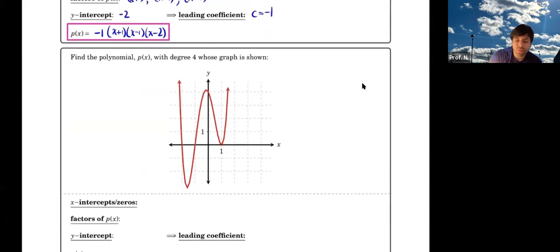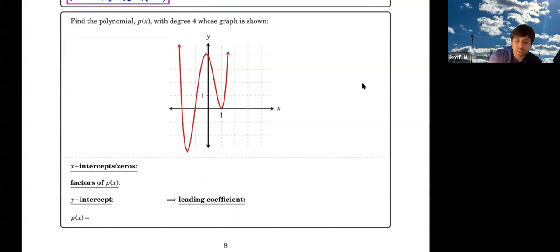Now the next one, we can do this really quickly. The next one here, we only have how many? We have x equals negative 2, x equals negative 1, and x equals 1, right? These are my zeros. So then my factors are what? X plus 2, x plus 1, and x minus 1. These are my different factors.